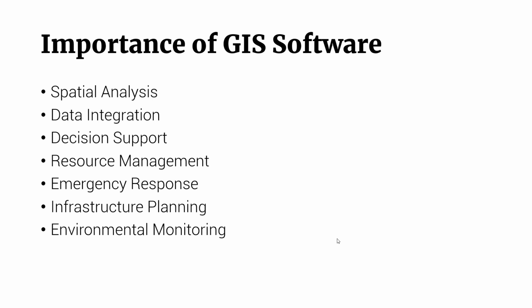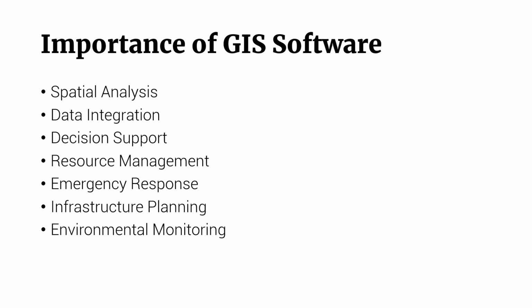Siyempre, makikita nila, ito pala ibig sabihin ng mapa na to. Then, makakatulong ito sa kanilang decision making na, okay, maglagay tayo dito ng slope protection, maglagay tayo dito ng dike. So, those are how GIS software supports in decision making.